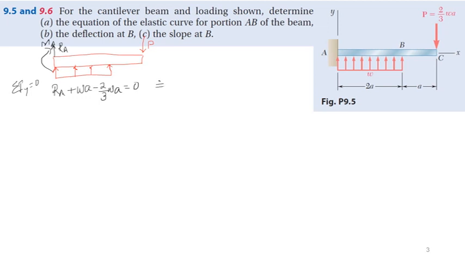So this leads us to RA equal to minus 4 by 3 wa, meaning the force 4 by 3 wa will be acting downward. So our assumed direction is reversed and it will be acting downward.